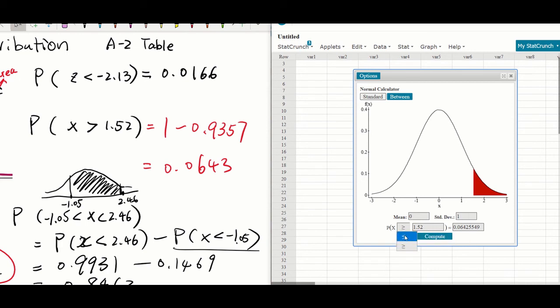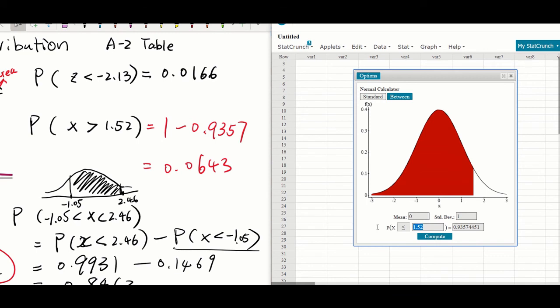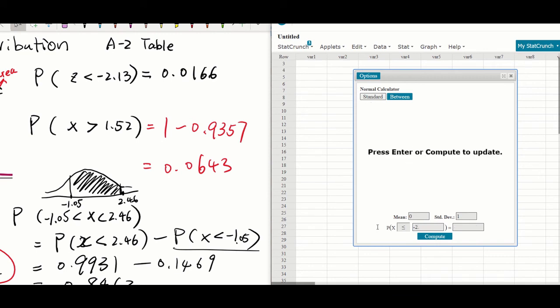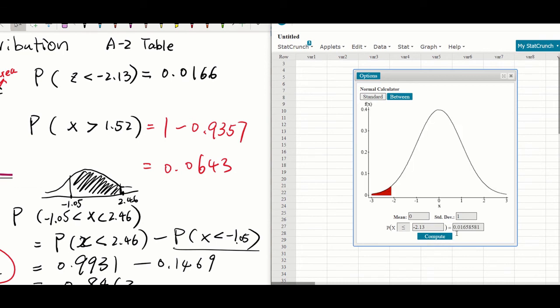X here is less than negative 2.13. You can find the probability being 0.016. If you round it up, it will be 6.